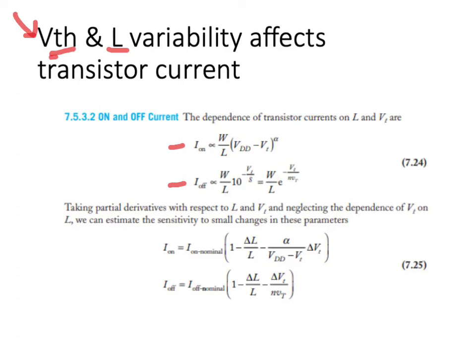So here you can see the square law relationship between current and gate voltage and threshold voltage, except that we've seen in past lectures that due to short channel effects, this is no longer a square law, that is, alpha is no longer equal to 2, but closer to maybe 1.2 to 1.6 due to short channel effects.